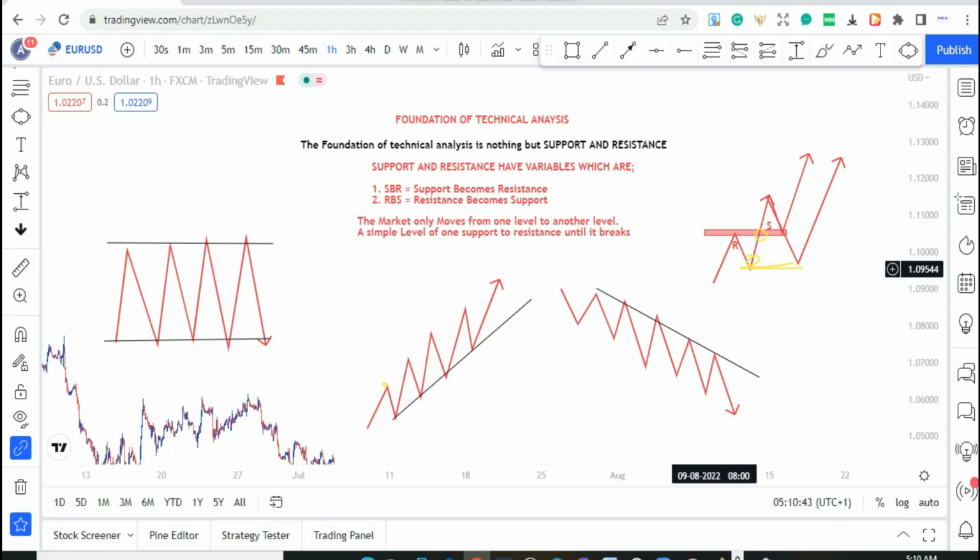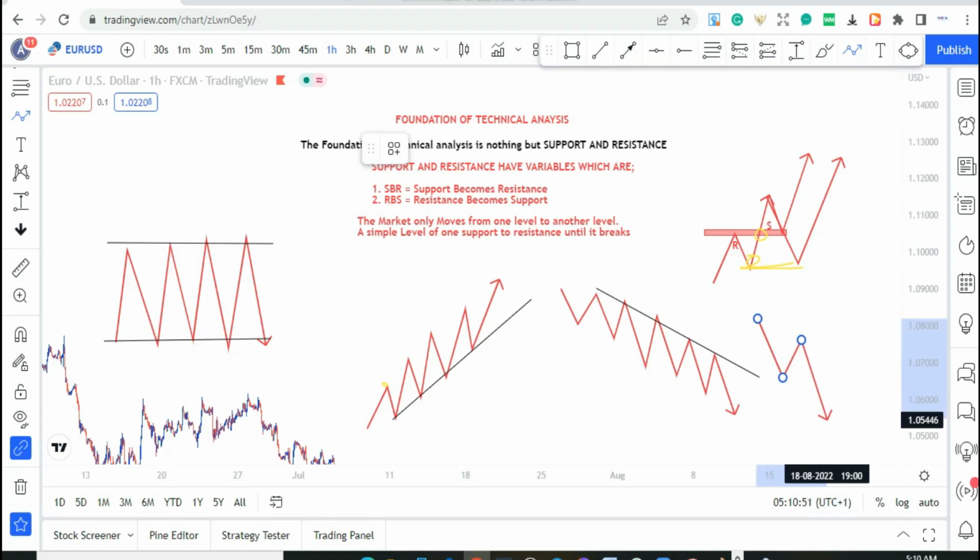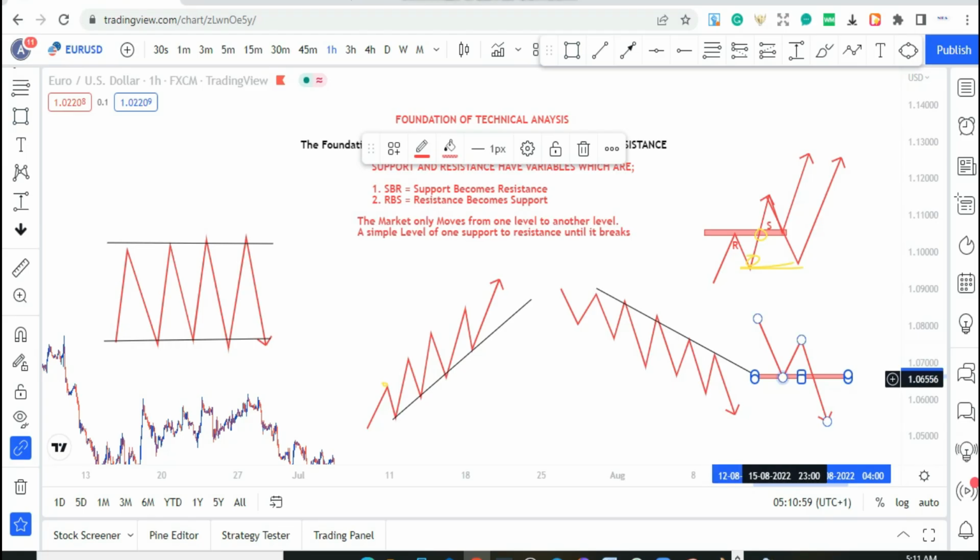What about this? Just the same thing, right? So what is this? This was a former support, right? This was a former support.